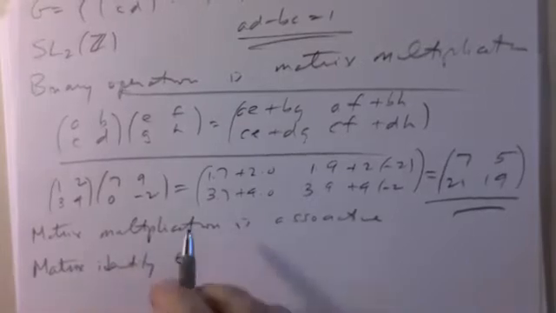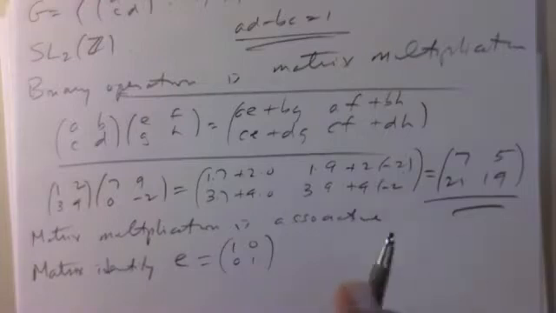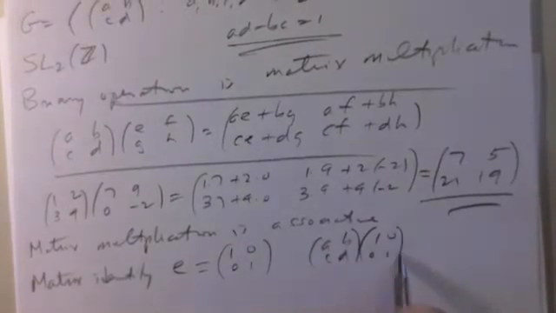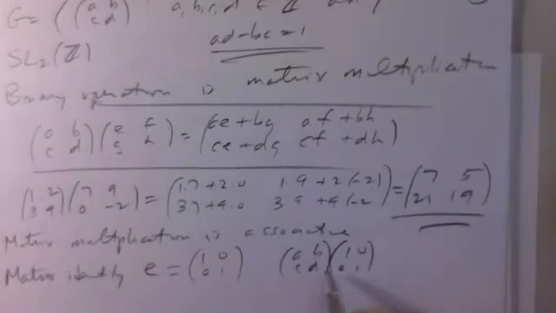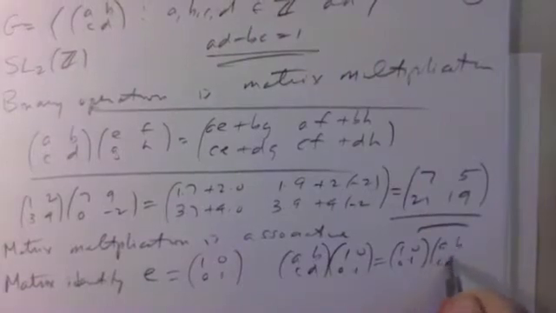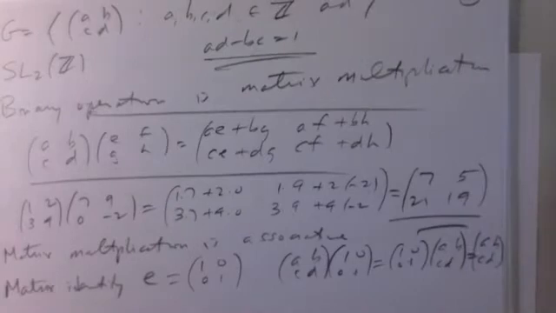The identity in this group is the matrix 1, 0, 0, 1. And you can check that for any matrix A, B, C, D, whether you multiply on the right by this or on the left by this, you still get A, B, C, D.